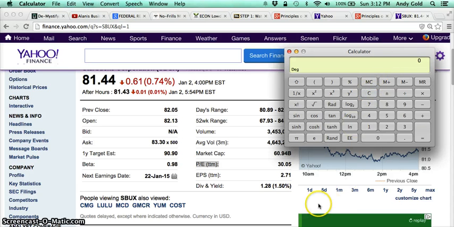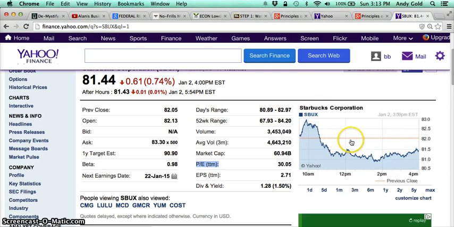Well, we know that just intuitively because $1.28 would be a larger percentage of $70 than of $81, but we could calculate it by taking $1.28 and making believe that the stock had gone down to $70, and you get a dividend yield of 1.82%, which is higher than 1.5%.